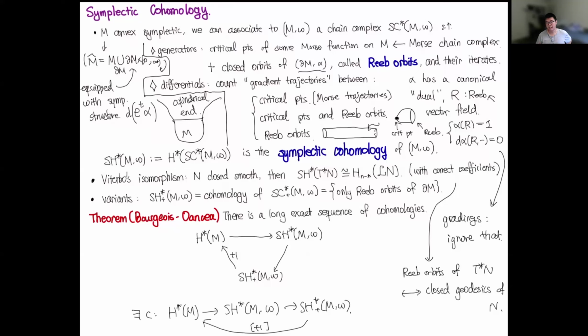And as a cochain complex, you quotient out all the critical points from the topology of M, and what remains are only Reeb orbits of the boundary of M. And that's the key input of the proof of the theorem.